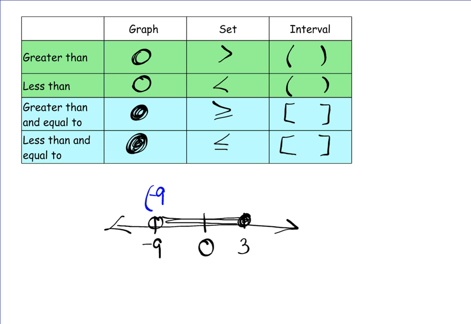A closed dot means a bracket at 3, and I'm including everything in between. So my actual answer in interval notation would be parenthesis -9 comma 3 bracket. That's the interval that we're talking about in the graph I've just given you, because I'm going to ask y'all to write your answers in interval notation.